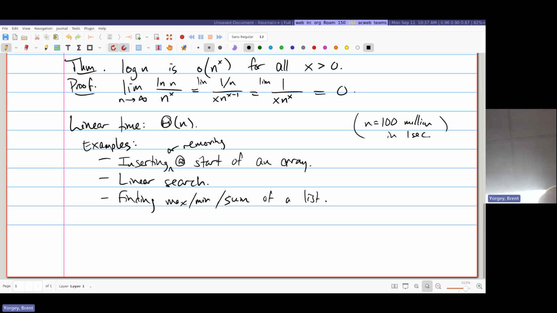What else? Another nice example that comes up sometimes is merging two sorted lists. This is the thing that merge sort does. After it recursively sorts both sides, it has two sorted lists and it needs to merge them back together.